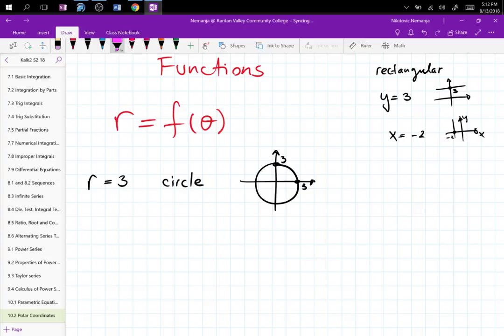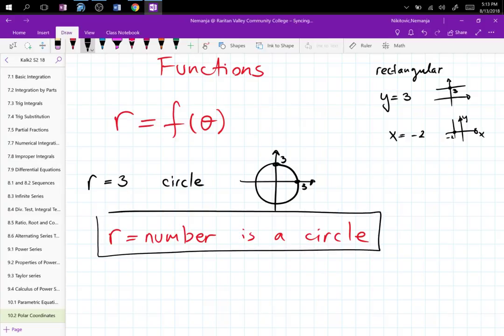So basic equations of r equals a number are all circles with that radius. So let's write that over here: r equals a number is a circle. And that's one of the basic equations. Let's box that because that's important.